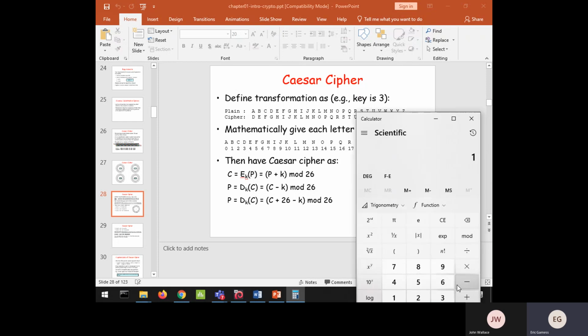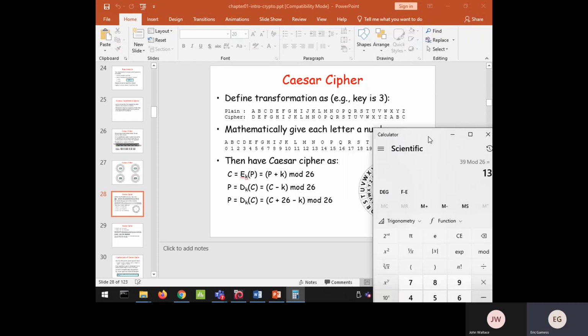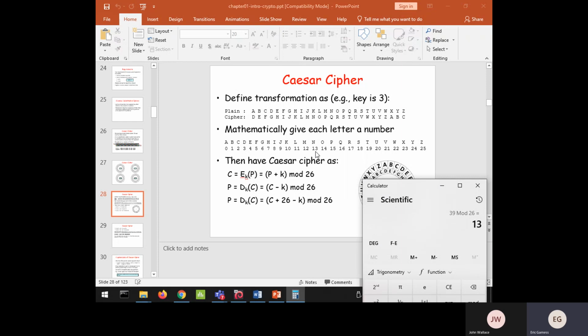So you will do 16 plus 26 minus 3, which is 39. Yeah, we did get 39. And 39 modulus 26 is 13. So you go and check for 13. 13 is an N. So you have shown that a Q will become an N.